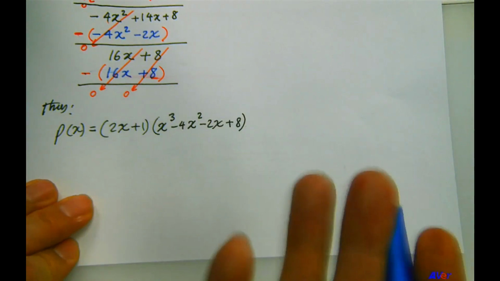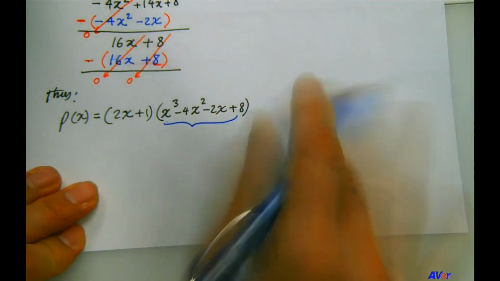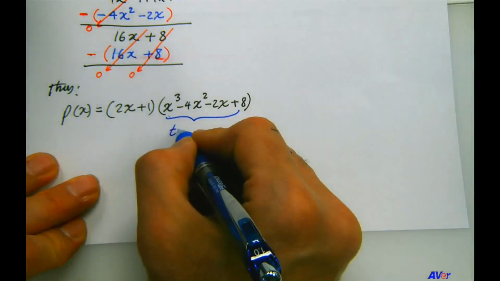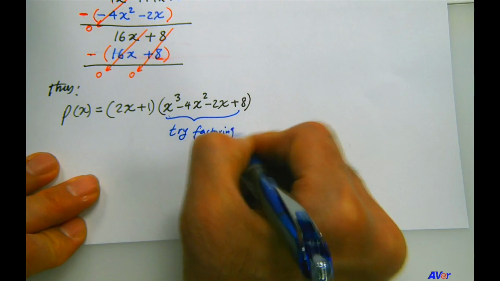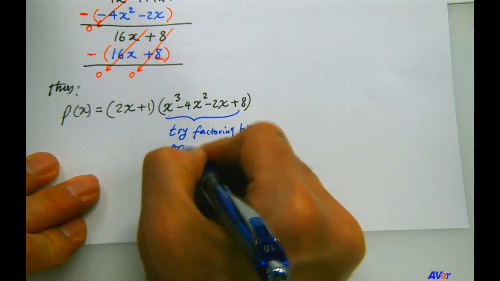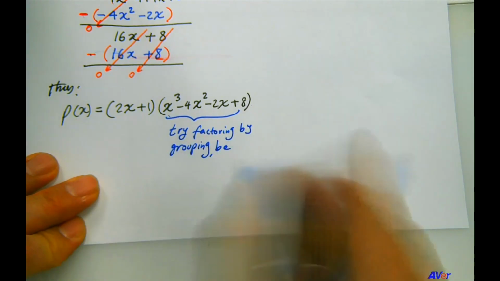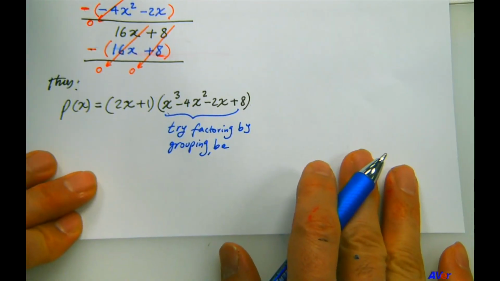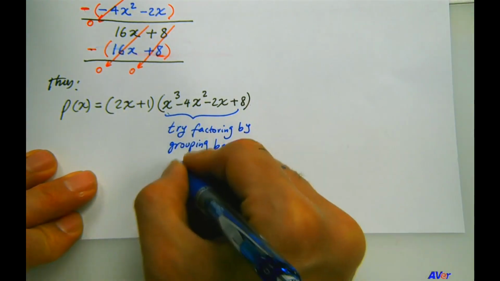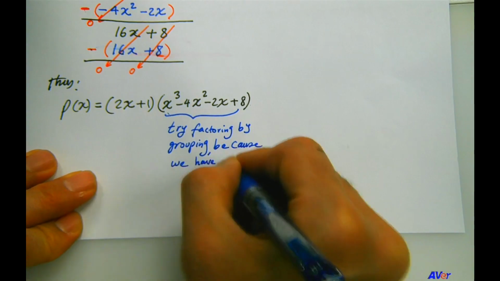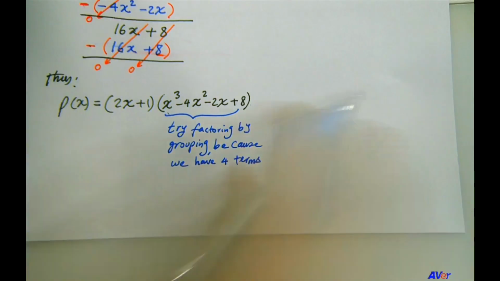You can either do that, or if you notice that you have 4 terms, try factoring by grouping, because we have 4 terms. Okay, so let's do that.